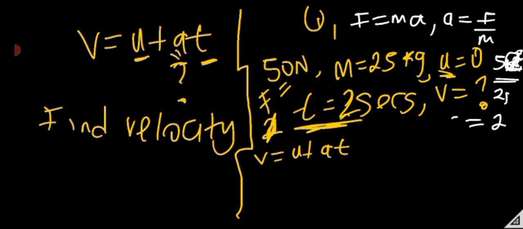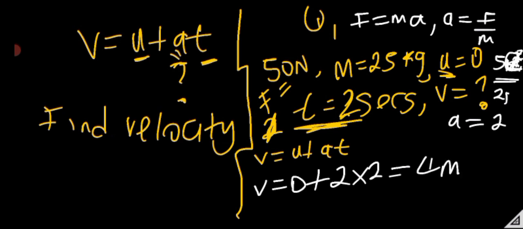So that means your A is equal to 2. So when you substitute here, V will be equal to 0 plus 2 times your T, which is 2, right? So everything will give you 4 meters per second. It's very, very easy. Alright, so I think we are done with this part.